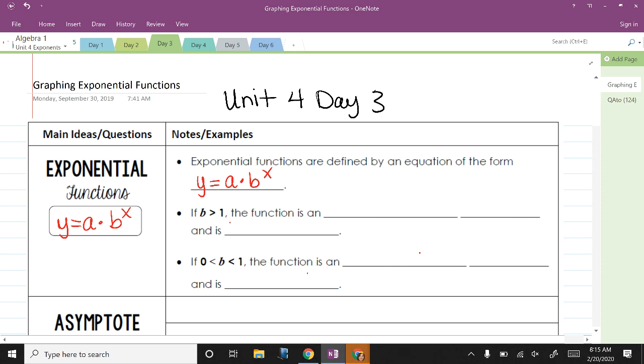So if the base, y'all know b is the base, right? The big number on the bottom of the exponent is the base. So if this b term is a number greater than 1, then the exponential function is an exponential growth, and we're going to talk about exponential growth tomorrow.